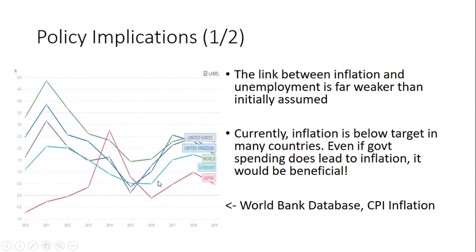And as we can see for recent years, for many world economies, for the world average as well, we're around a rate of 2%, in fact lower than 0.5% in Japan in the last year. A bit of inflation would actually be contributing towards the goal of the central banks, of a stable rate of around 2%. So even if there is a Phillips curve in action, government-induced inflation, if it were to occur, would actually be perhaps desirable.